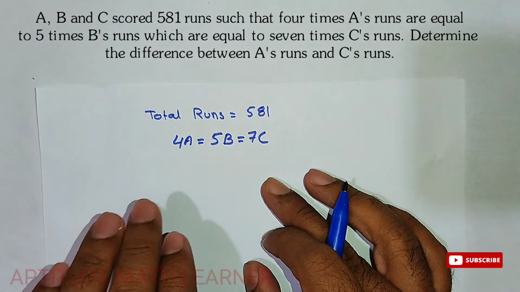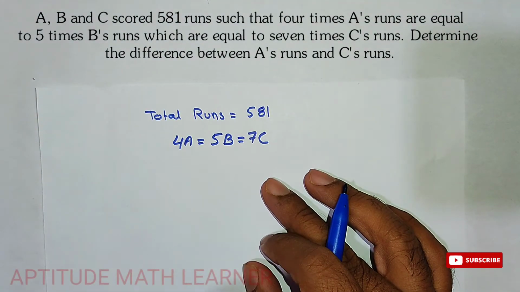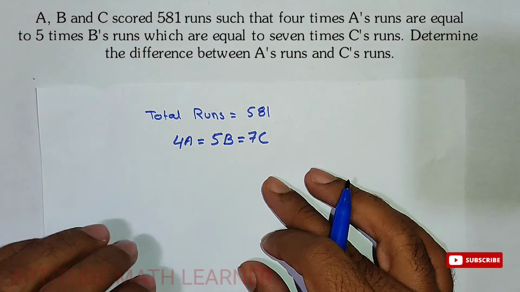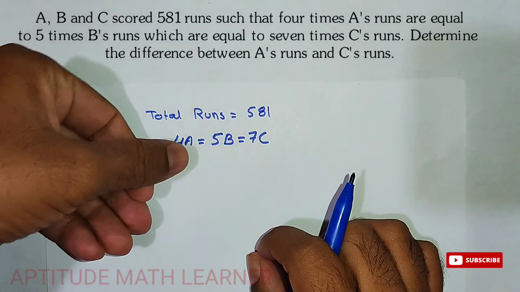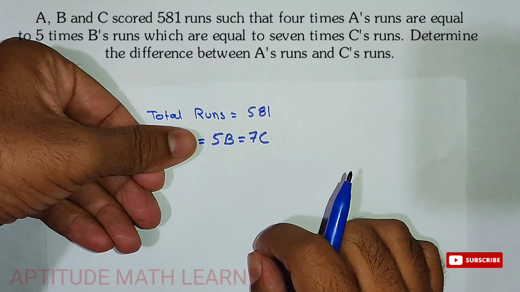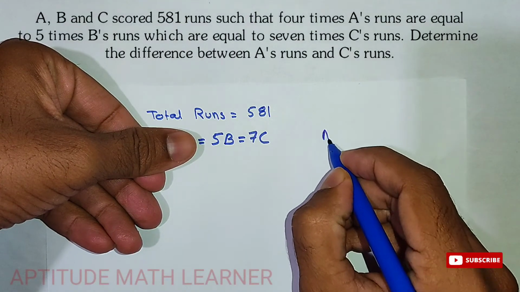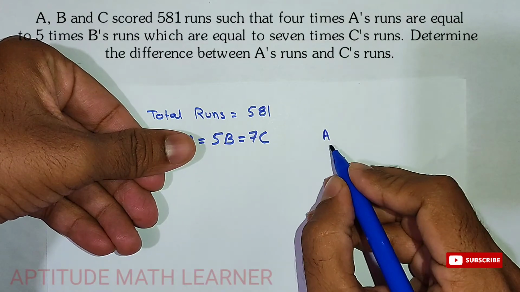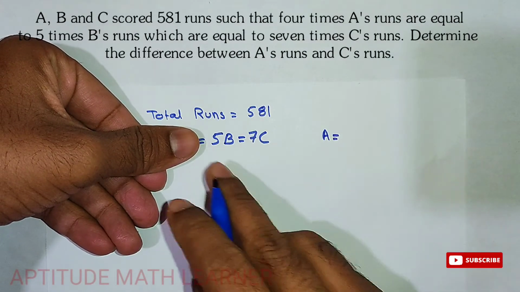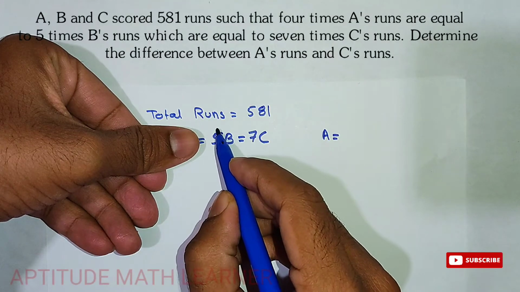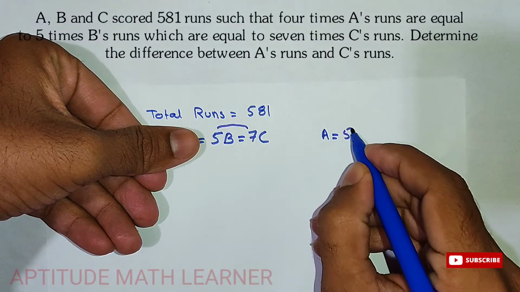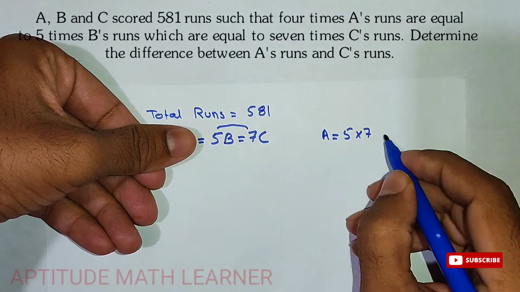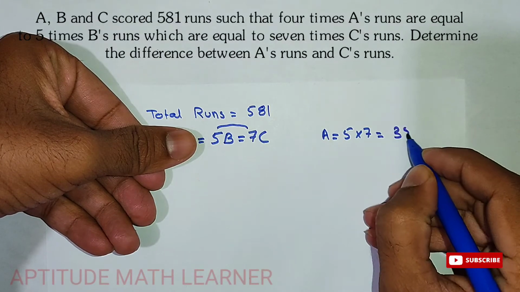For this we have a very interesting method to find the ratio. How to take out the ratio? It is very simple. We hide the portion of A, since we are determining the ratio for A. So A is 5 multiplied by 7, which becomes 35.